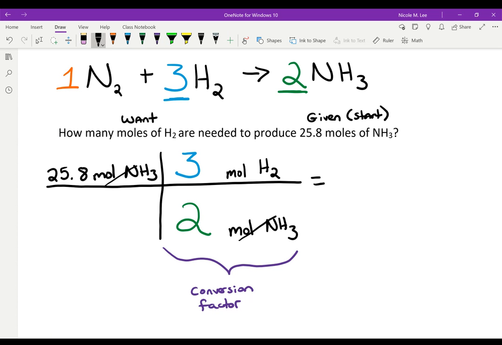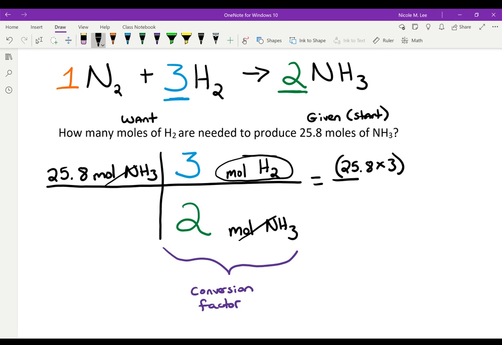So now that those moles of NH3 cancel, I would be left with moles of H2. And that's exactly what I wanted to solve for. So I know my grid is done. Everything is set up. All I need to do is put into my calculator the math, right? So it's 25.8 times 3.